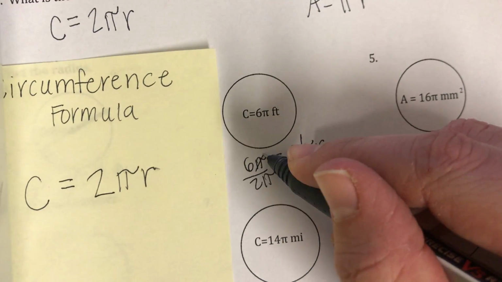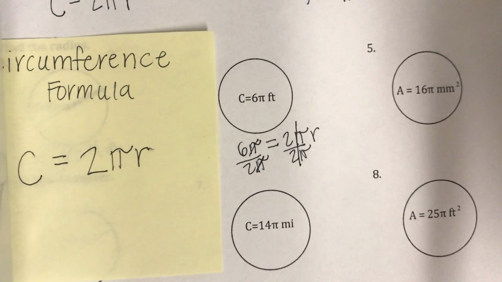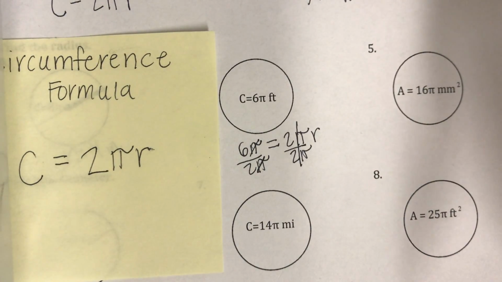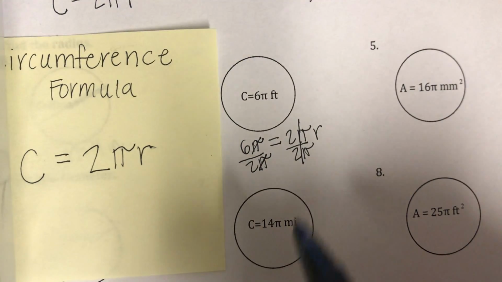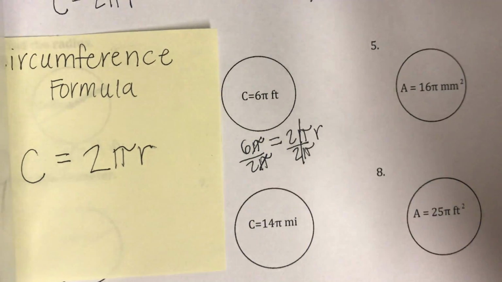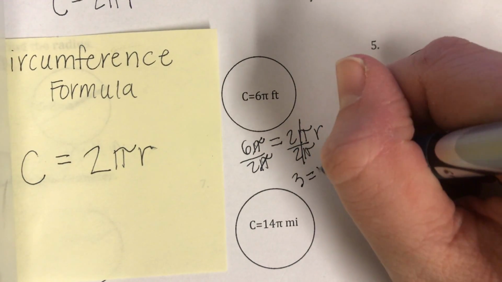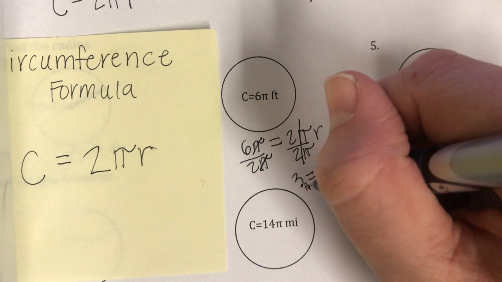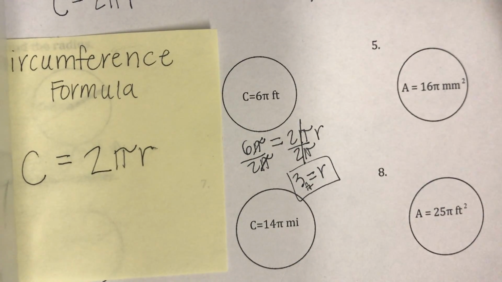Now these pi's cancel out because we have one on top and one on bottom. That's something that you need to remember for solving these and doing the classwork, that the pi's are going to cancel out right there. And then we're just left with 6 divided by 2. What is 6 divided by 2? It is 3. So we get 3 is equal to r. So 3 feet is equal to the radius. That's going to be our answer for number 4.